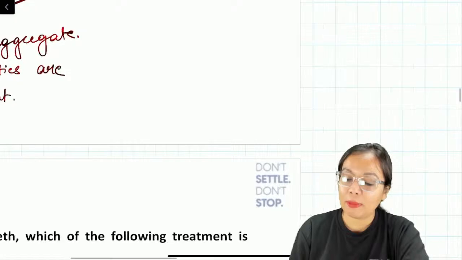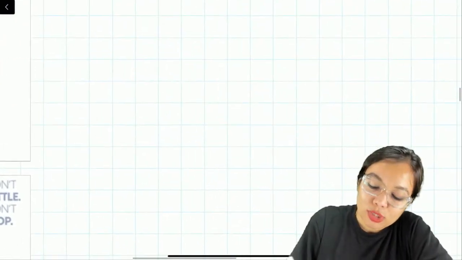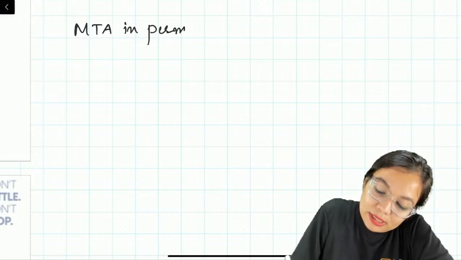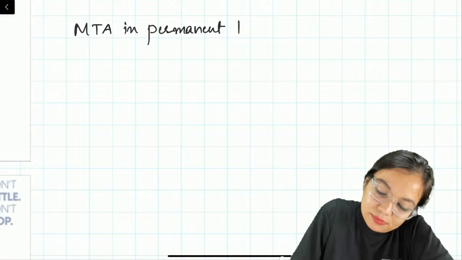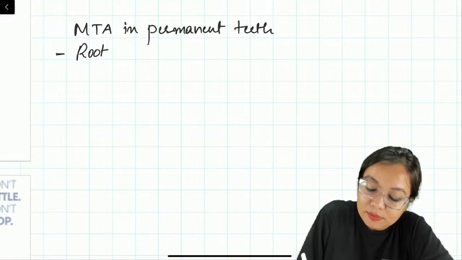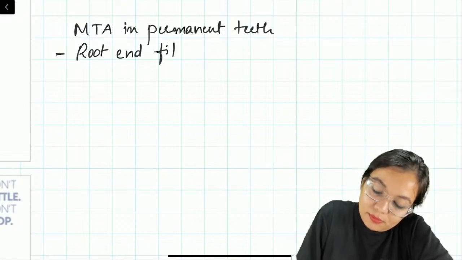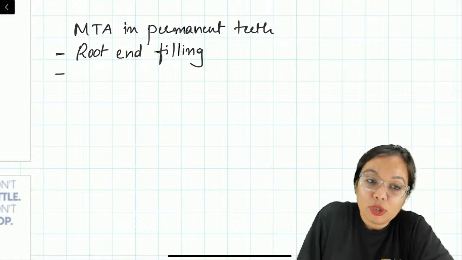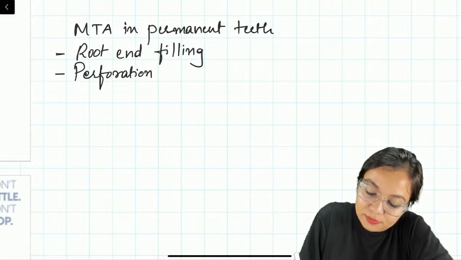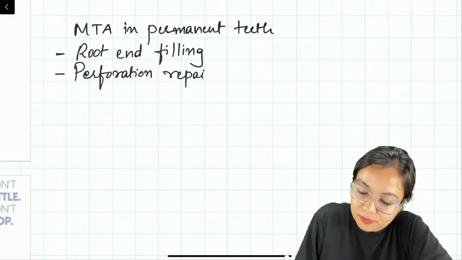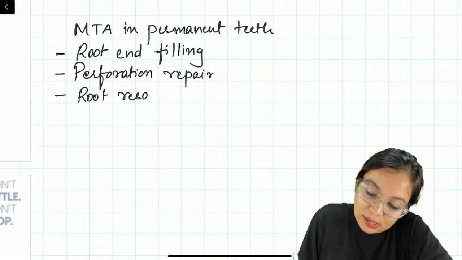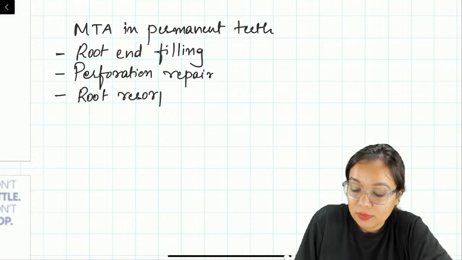So where in the permanent teeth can MTA be used? MTA in permanent teeth can be used in case of root end filling. It can be used in case of a perforation repair. It can be used for root resorption repair in case of permanent teeth I'm talking, okay?